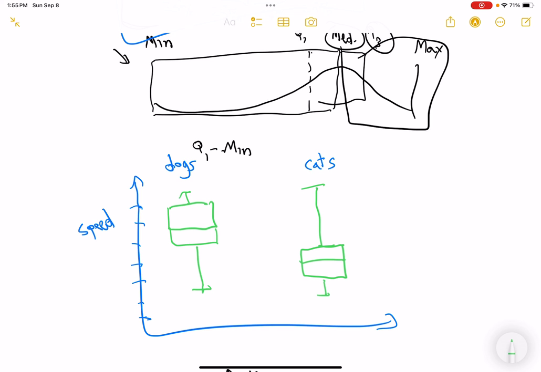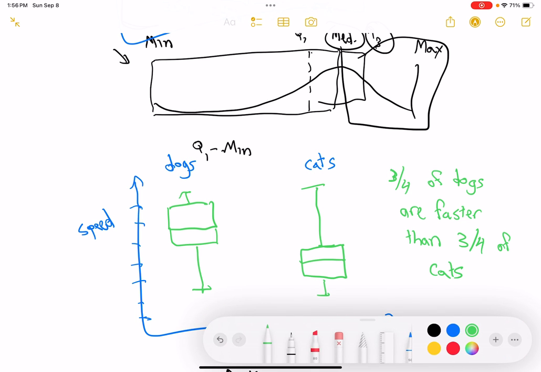What I could say is 3/4, and this is where it gets fun, right? I could say 3/4 of dogs are faster than 3/4 of cats.